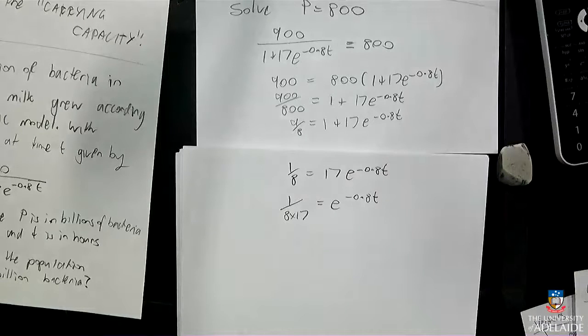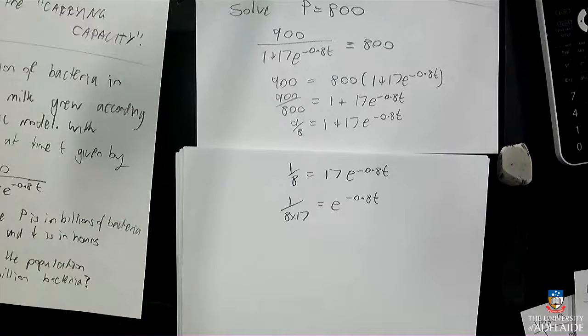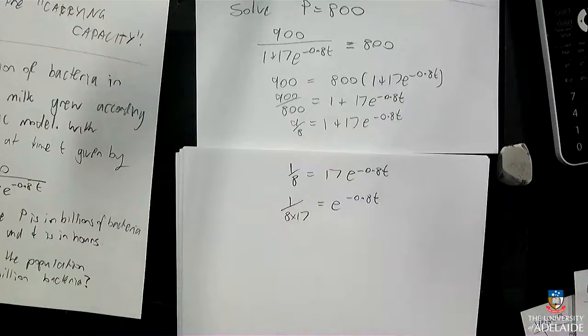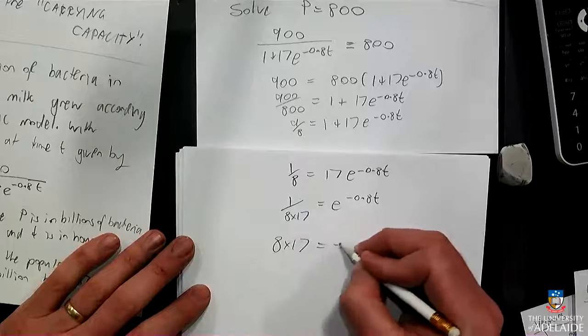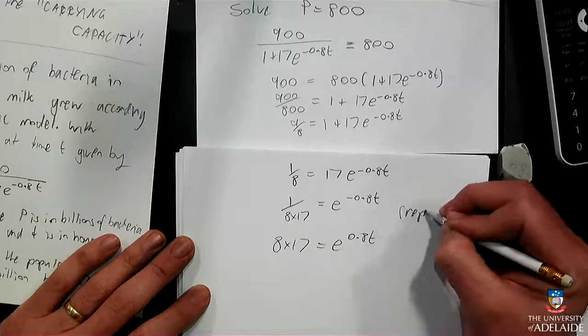Okay. Well, I guess I need to pull this out of the power, so I could do ln on both sides. But I don't feel comfortable with that right now. This is e to the minus something, which is already 1 over something. And so if I did 1 over both sides, I should be able to get this. So that's called doing the reciprocal.